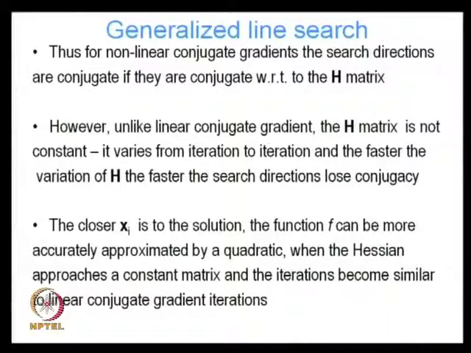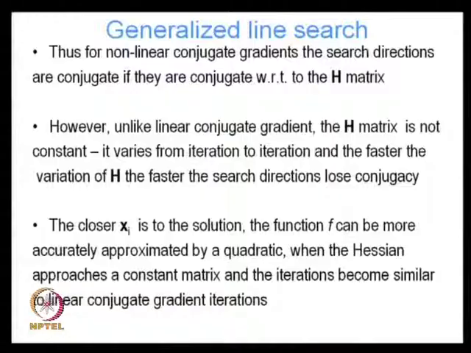And this also tells me that closer to the solution I have better convergence, because closer to the solution my function is going to behave like a quadratic. If it is going to behave like a quadratic, the Hessian has to be constant. So, closer to the solution my Hessian is going to be constant. So, there is a better chance of my conjugate gradient directions maintaining conjugacy.